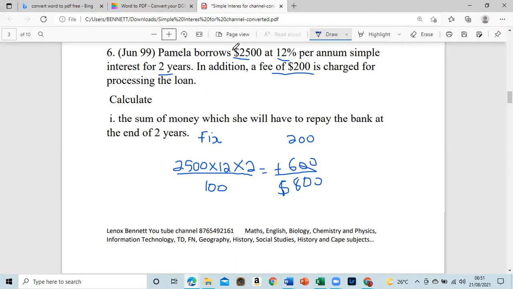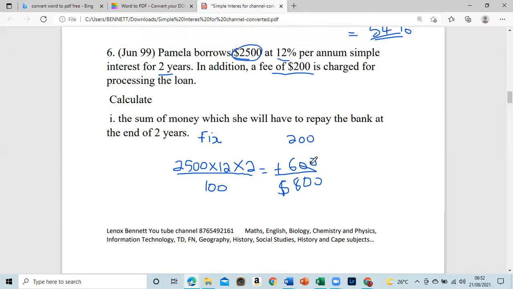You can borrow 2.5 and pay back 800. So with the 2.5 add to this. It's the total we shall repay, because that's what it says, the sum of money. So we have to add the 2.5 to the initial amount, which makes sense. So in all, she has to pay back 3,300.